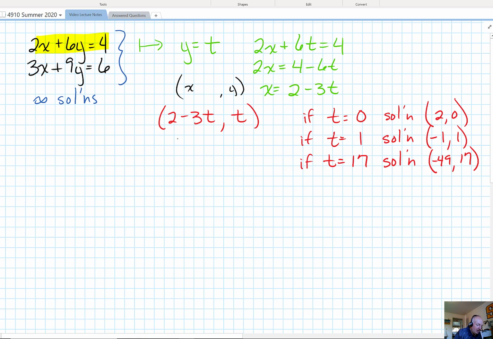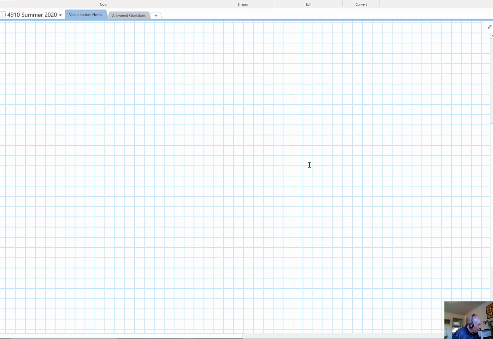We just give the formula with the understanding that t can be anything we want, and once we choose t, we have one of the infinite number of solutions. So that's how we'll go through any system that has an infinite number of solutions. We'll designate the last variable to be a parameter t, and then we'll solve for the other variables in terms of that parameter.